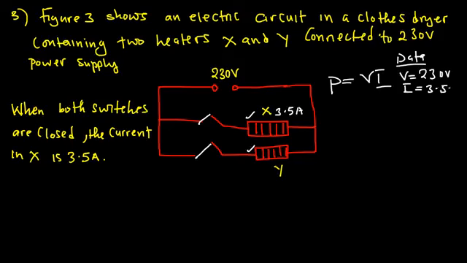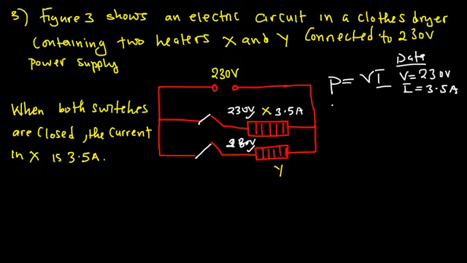Now, some of you might be asking, why am I using 230? These are in parallel, therefore the voltage here is the same. So here is 230 volts, also here is what? 230 volts. So we are using the voltage that is given.